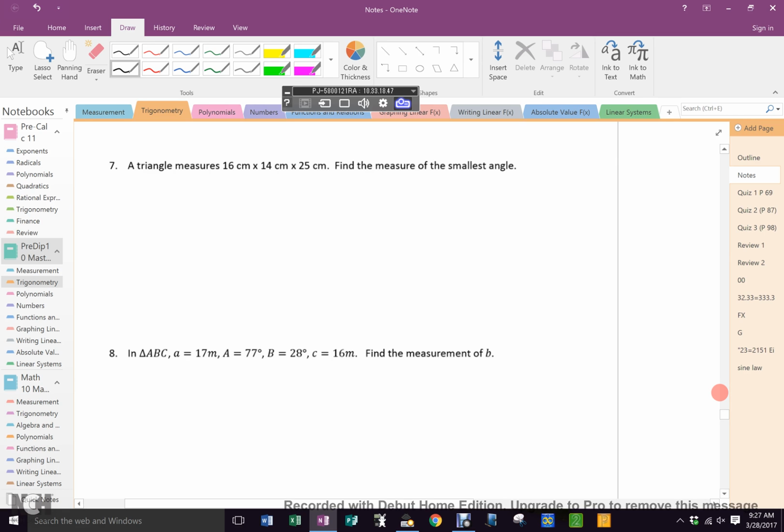I gotta start marking these in seating order. I can go down one row. That's what I need to do.